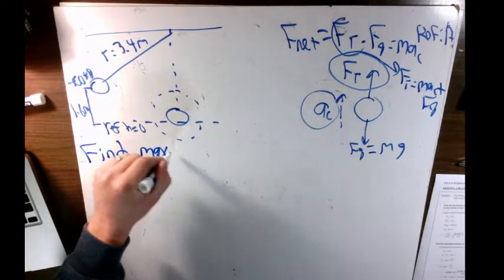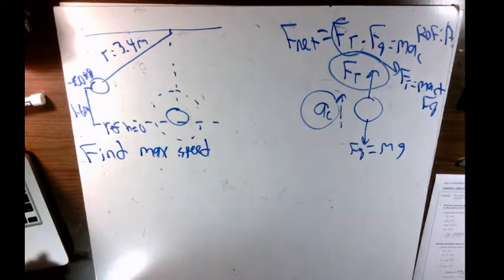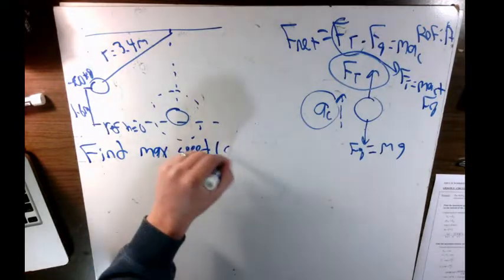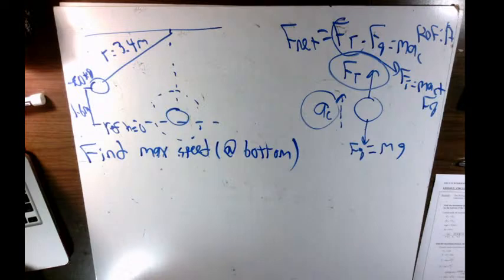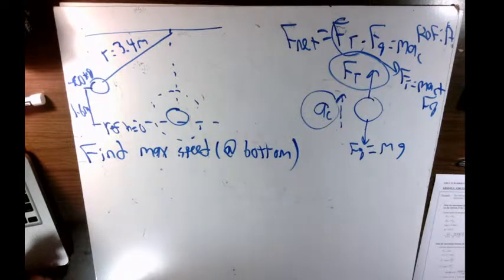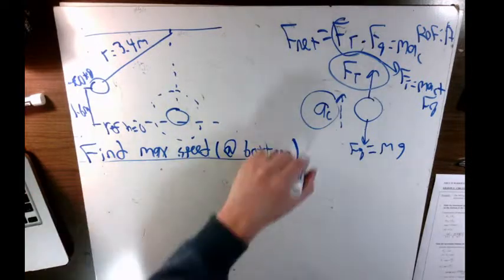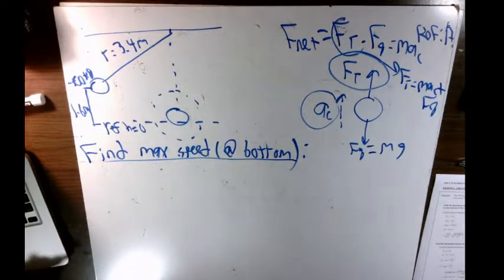Find the maximum speed. Our maximum speed is going to be at the bottom. We know that both from energetics and from our circular motion unit. It's going fastest at the bottom of that swing. That's part of our simple harmonic motion as well.